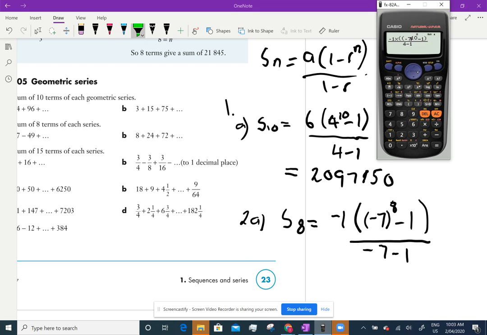Negative 7 to the power of 8. And then I've got negative 7 minus 1. And that's the answer.